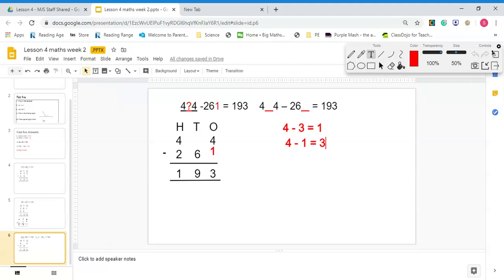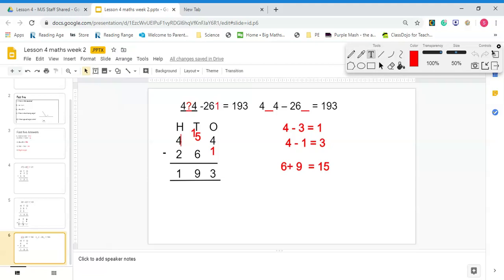Using our knowledge of numbers here, we can say 6 plus 9 equals 15. So we know that the number of tens we're looking at is going to be 5, and we know that there's an extra 10, which we've had to regroup from the hundreds column.